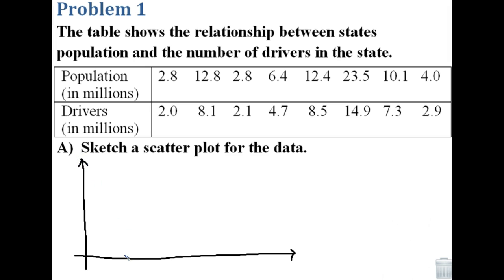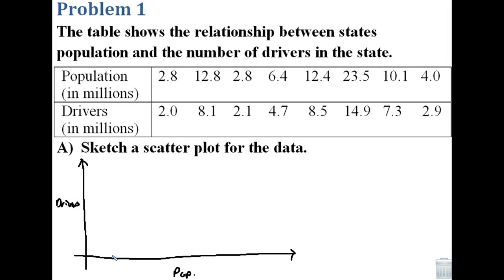Typically with a scatter plot, you're going to think of your independent variable as your x variable. I'm going to think of my drivers depending on population, so I'll put the population on the bottom, and drivers on the y-axis.